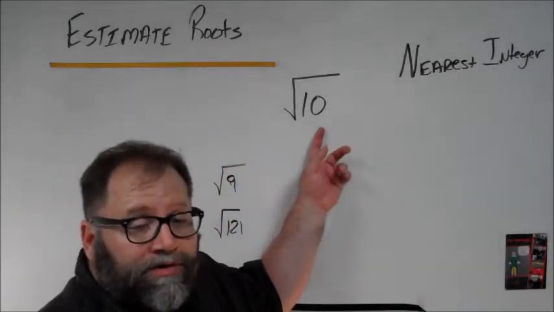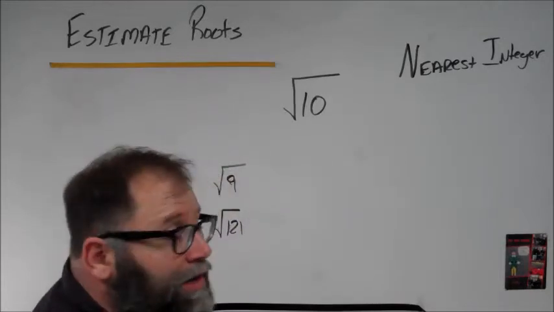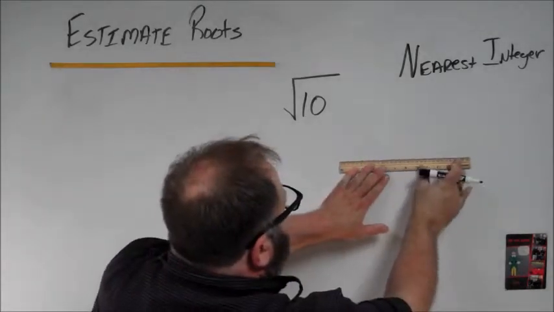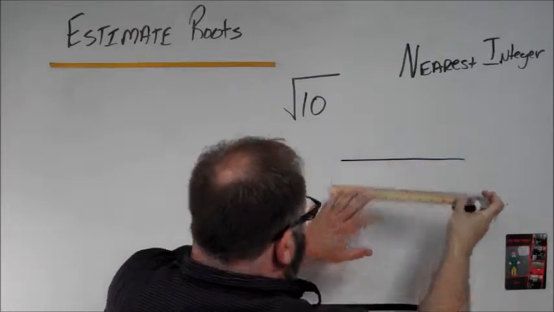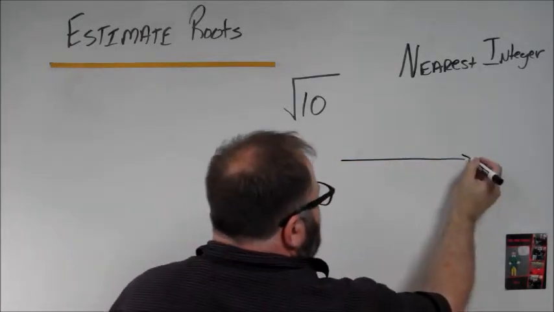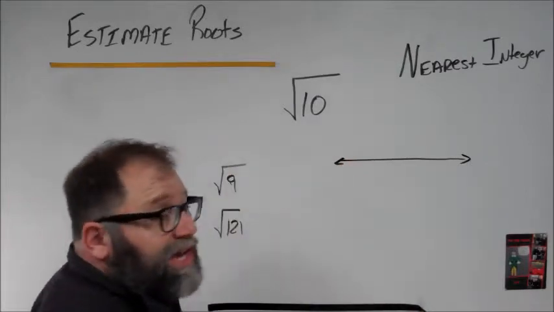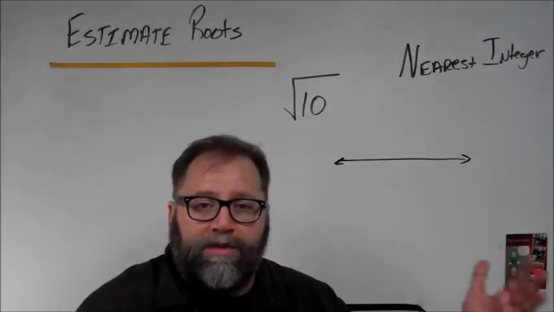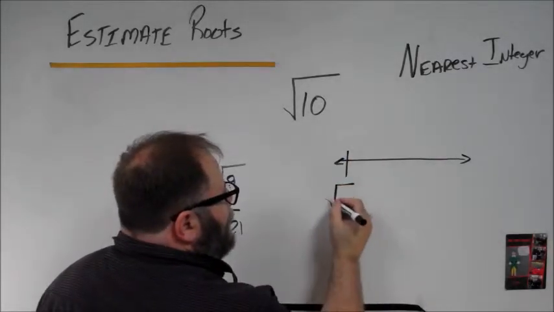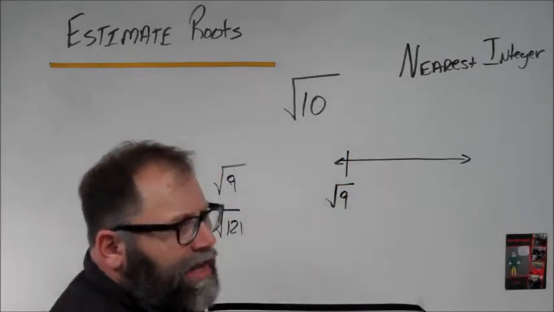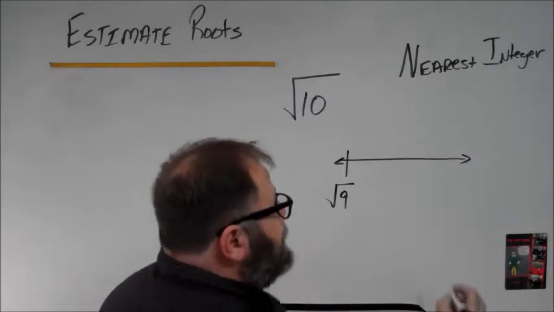So for the square root of 10, if I just put a simple number line here, you don't have to make the line, but I'm putting the line on for the visual. If I think about the square root of 10, what two perfect squares bracket the square root of 10? I've got the square root of 9, and then it comes to the square root of 16.